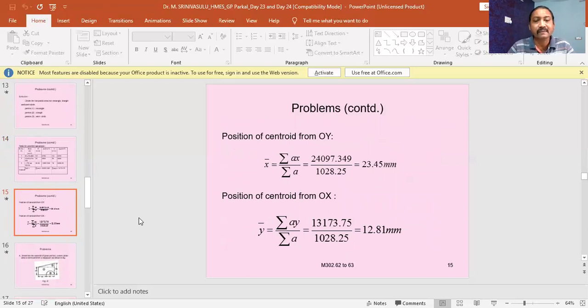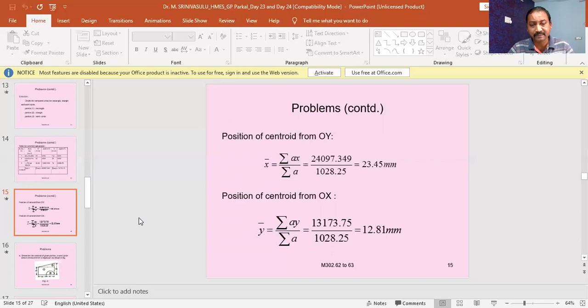Now with the given values, we can find out the centroid values. We know the equation x bar is equal to sigma ax by sigma a, that is nothing but 24097.349 by 1028.25. It is equal to 23.45 millimeters.